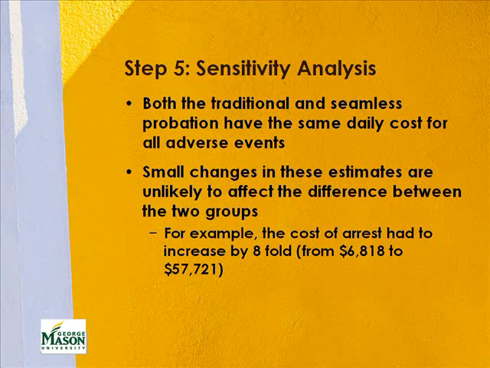The cost of arrest had to increase by 8-fold from $6,818 to $57,721 before the conclusion that traditional probation is more cost-effective was reversed. This analysis suggests that small variations in daily cost of adverse outcomes were unlikely to affect the conclusion.